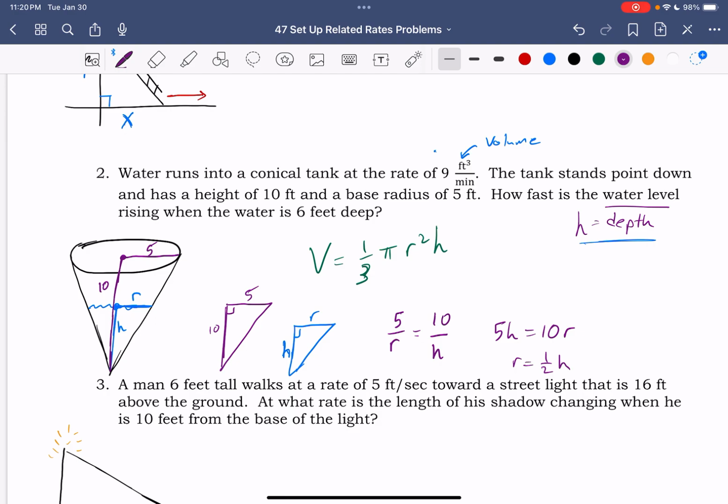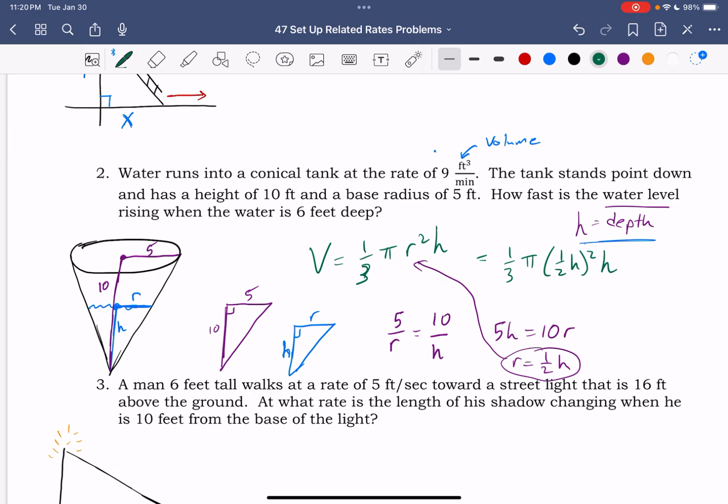And so then this is what I can plug in here to my volume to be able to get volume in terms of just the height. And so this volume would then equal 1/3 pi times a half the height squared times h.